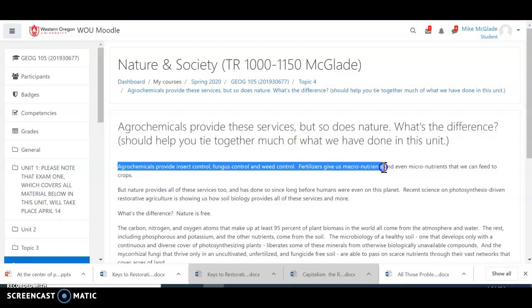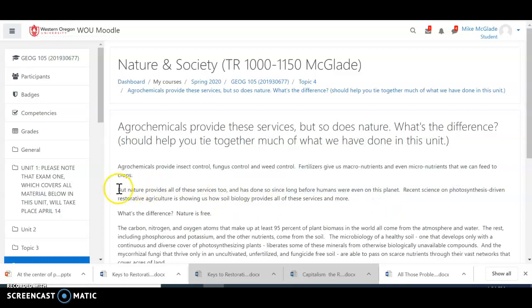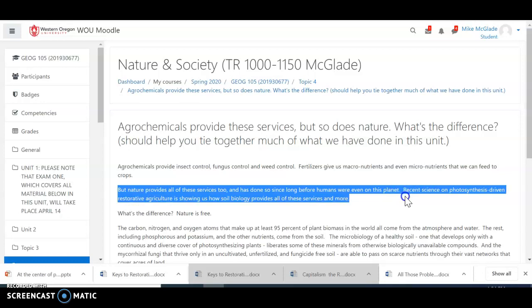Fertilizers give us macronutrients and even micronutrients that we can feed to the crops, okay? But nature provides all of these services too, and has done so since long before humans were even on this planet. Recent science on photosynthesis-driven restorative agriculture is showing us how soil biology provides all these services and more.